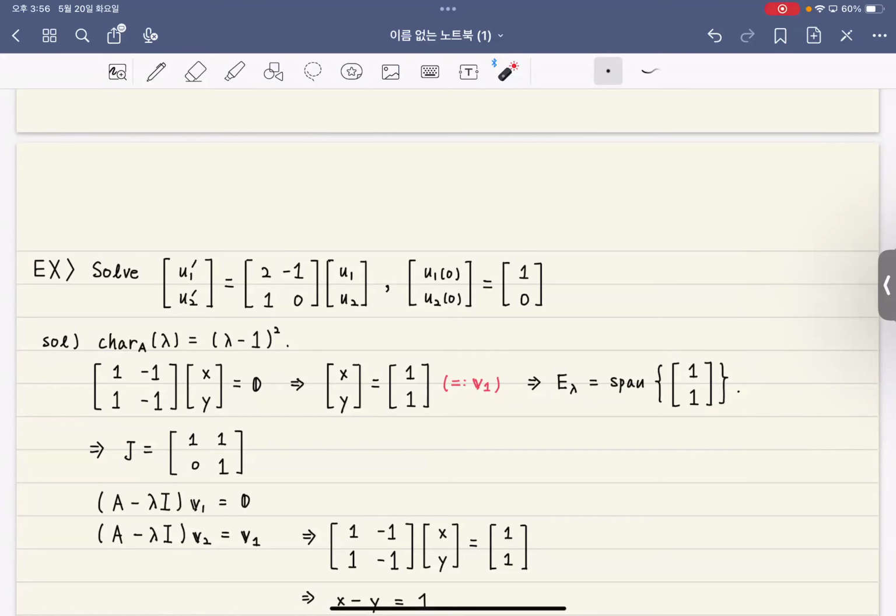Okay, great. So, can you guess the Jordan form of the matrix A? It has eigenvalue 1, and its algebraic multiplicity is 2 and geometric multiplicity is 1. And you know, geometric multiplicity is always the same as the number of Jordan blocks.